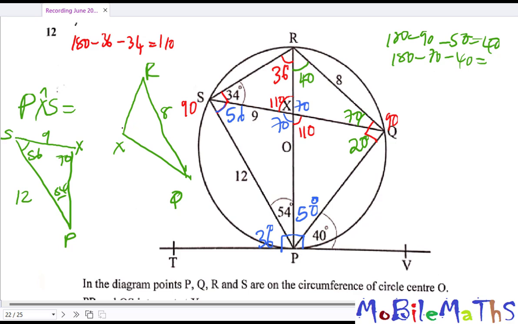So this is similar. We have 70 degrees here. Because they started with a P, we can say it's similar to Q, S, QX, and then R. These are the triangles that are similar.